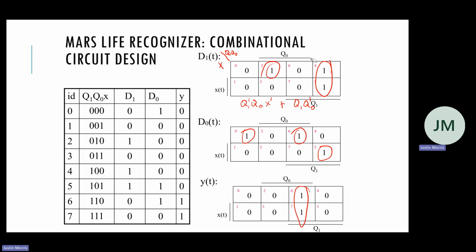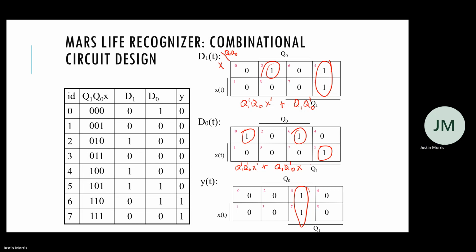So then the same thing for X, right? So this is 1, this is 0. All right, so D0 of t, I need 0, so Q1, Q0, X, all not. I need to make a 5, 1, Q0, X, nope.